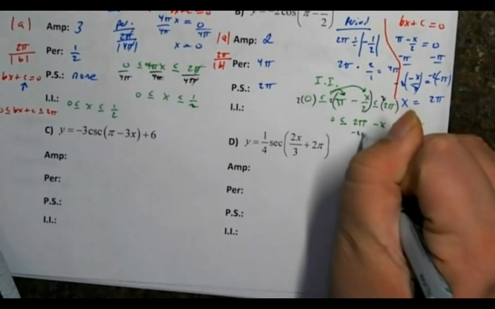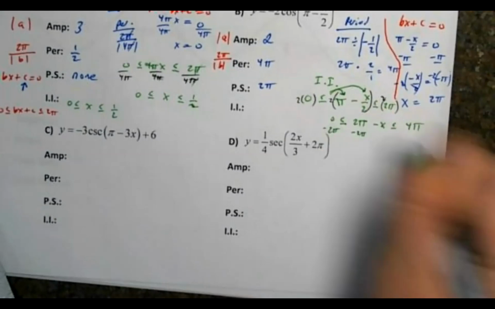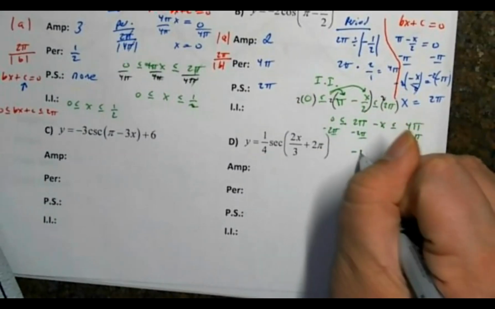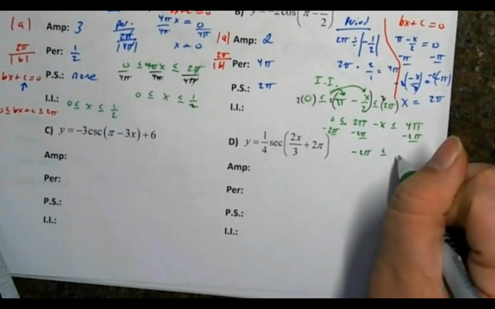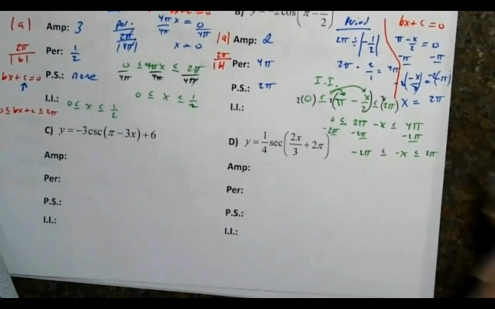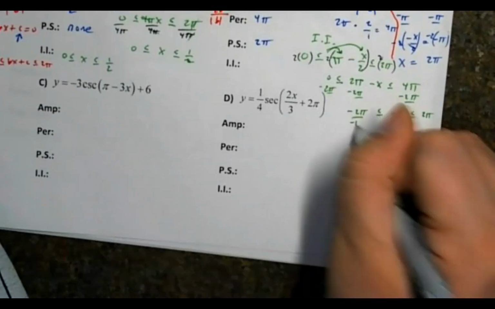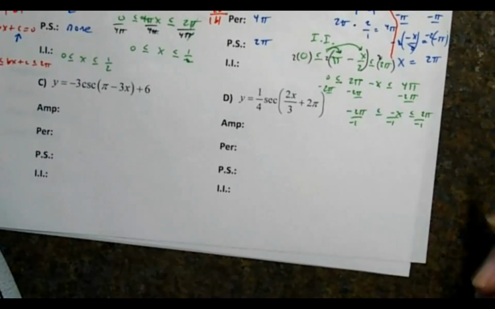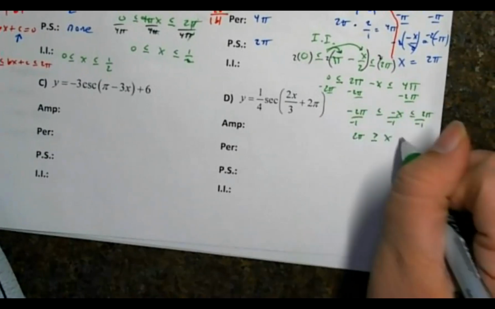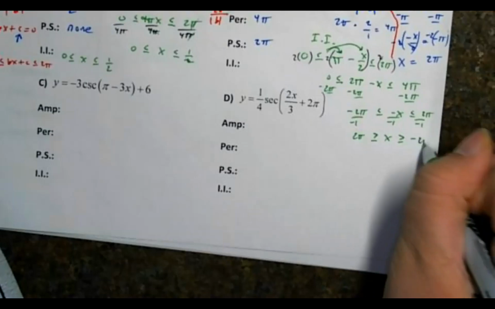Now I'm going to subtract 2 pi from all 3 parts. Negative 2 pi is less than or equal to negative x less than or equal to 2 pi. And if I divide it all by negative 1, I get 2 pi greater than or equal to x greater than or equal to negative 2 pi.